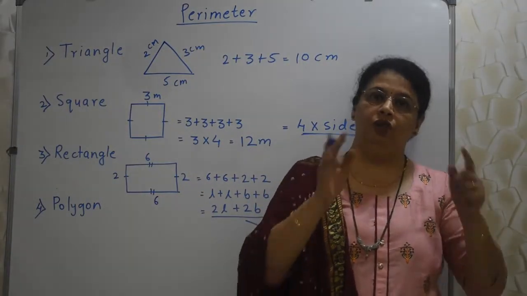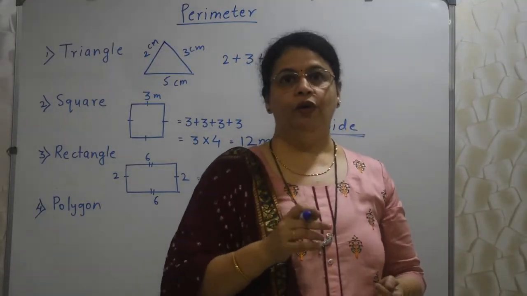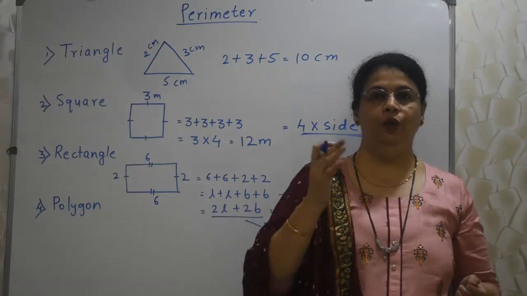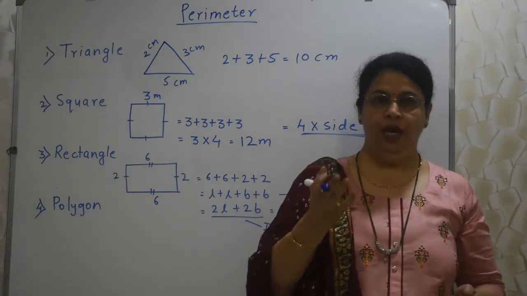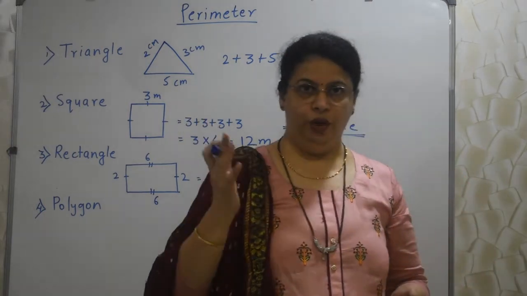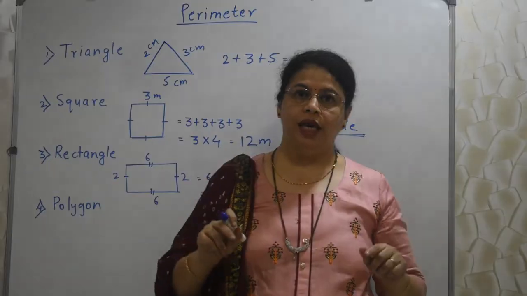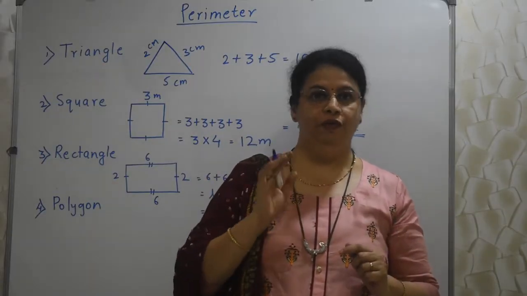So you have to just add all the sides. For a pentagon with the same sides, 5 into whatever side is given to you. Hexagon, 6 into whatever side is given to you, and so on. So perimeter is nothing but the addition of all the sides of that particular given figure.